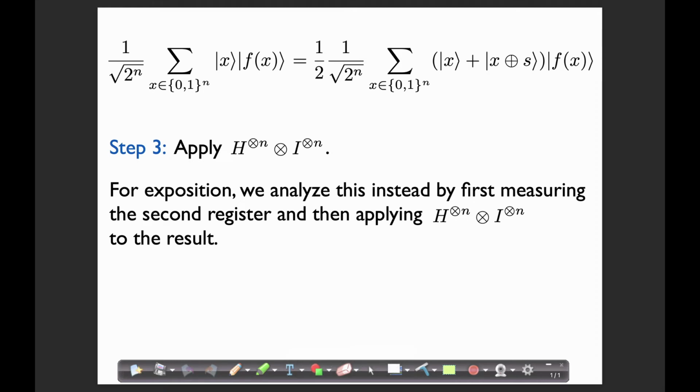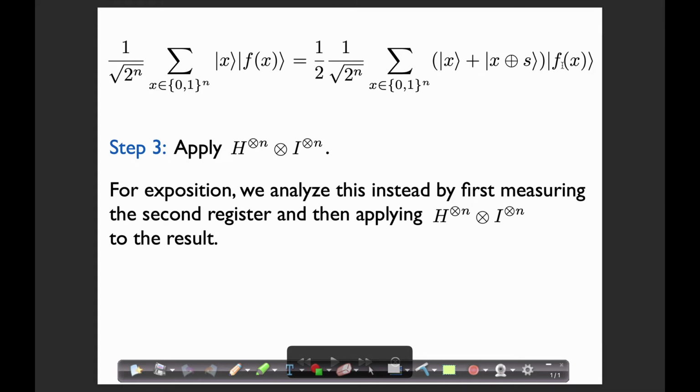Let's see what happens when we measure the second register. To see that, it's useful to rewrite the state according to the value in the second register. Remember that f has this special property that for every z in the range of f, there are exactly 2 distinct x and y which map to z. So we're going to write the state according to these values of z. Here I've just written it as f of x.